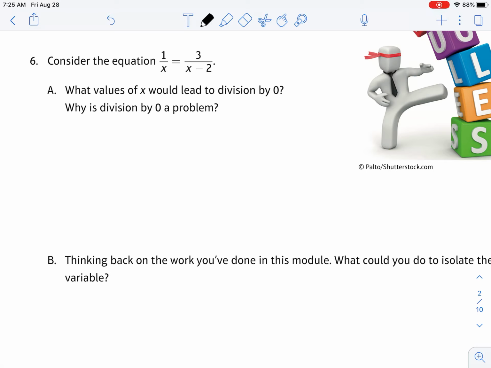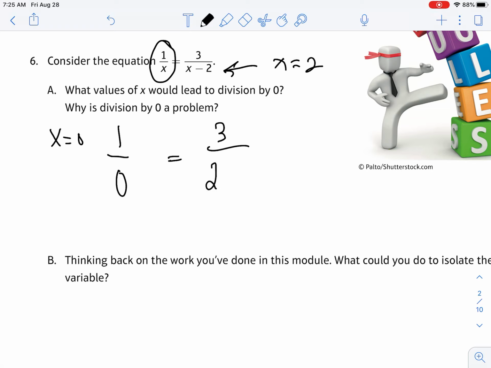So if I have 1 over x, if I let x equal 0, I would get 1 over 0. Don't write this down, by the way, I'll tell you when to start writing. On the other side, if I plug in 2 for x, and I go minus 2, that will give me 3 over 0.